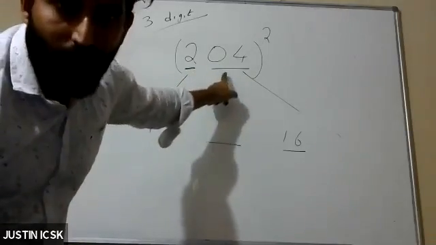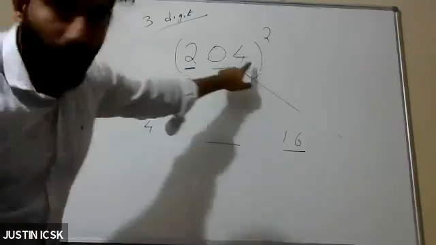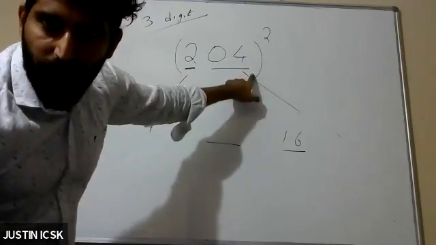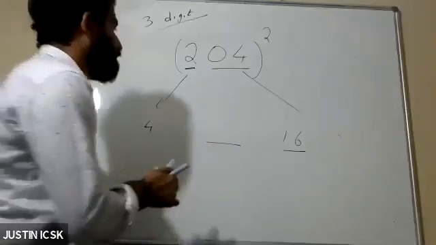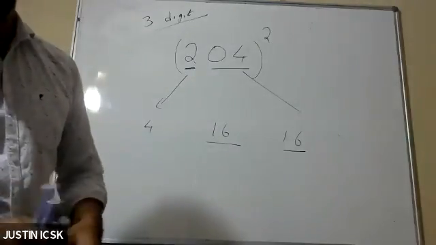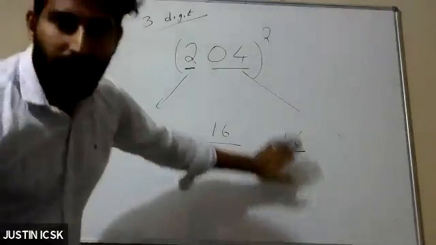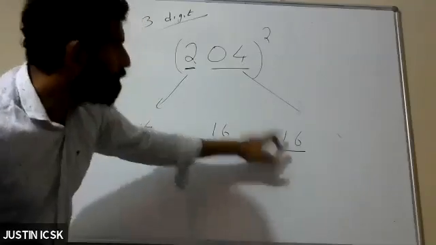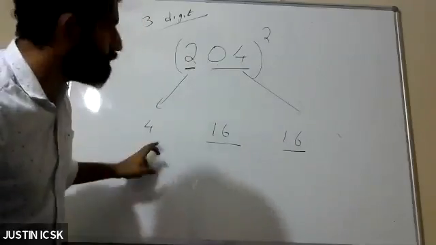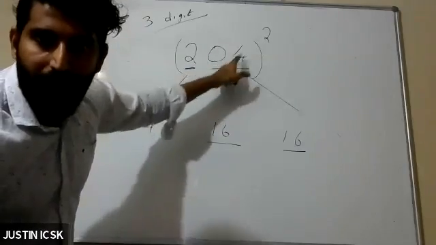Don't multiply 2 into 0. 2 into 0 is 0. Don't multiply 0. 2 into 4, 2 fours are 8. 8 twos are 16. Steps are same. This number is 16.